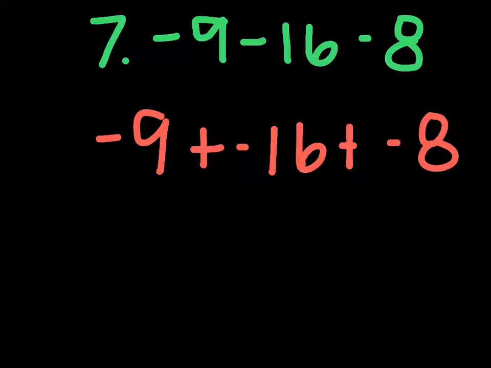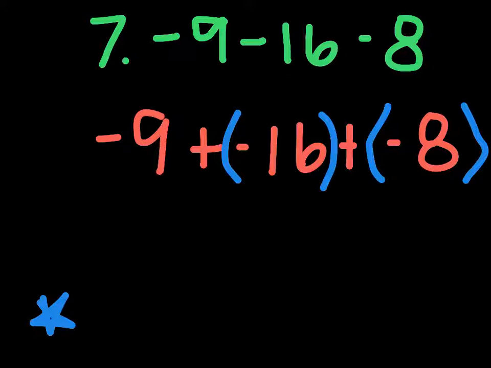And if you want, you can put these in parentheses just so it's a little bit easier to see. Okay? And the way that I like to do it is sometimes negatives can be a little bit confusing. So what you can do is you can take the negatives off for now because we know all these negatives adding together are going to be negative anyway. So wherever you're going to put your answer, I'm going to put a star over here where my answer is going to be, okay?